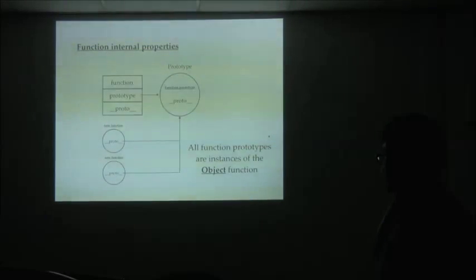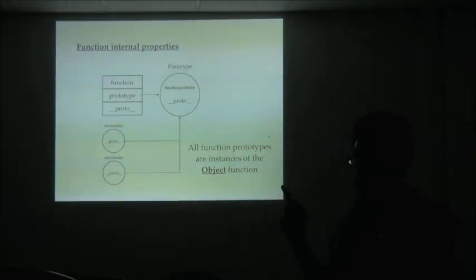Another thing you need to understand here is that all function prototypes are instances of the object function. Which means this prototype object itself is an instance of the object function which we saw earlier, the object function that is sitting on the top of the object hierarchy tree. It's nothing but an instance of this object function.